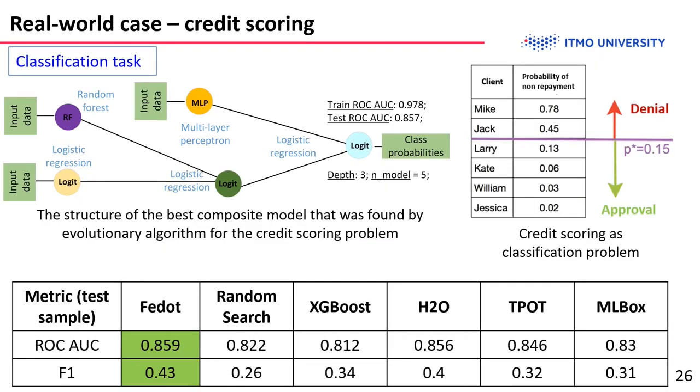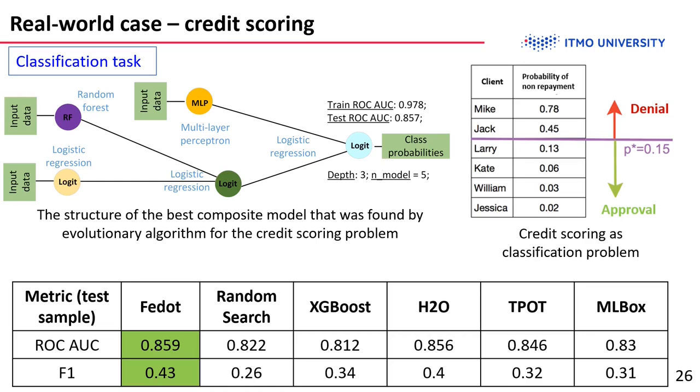The other example is inspired by a real problem of credit scoring and can be considered a classification task. After applying the evolutionary algorithm described before, we obtain a composite model that consists of 5 models and 3 layers.